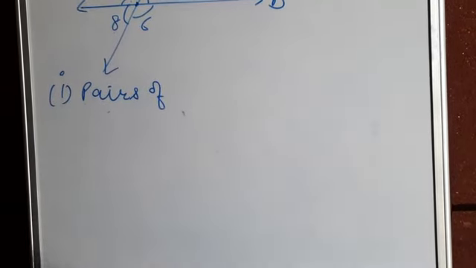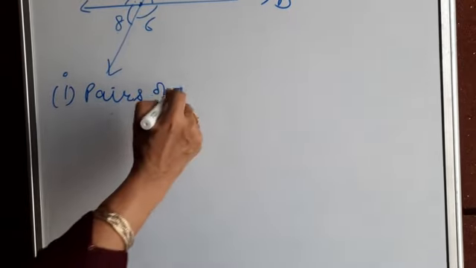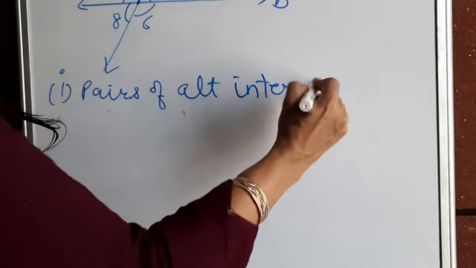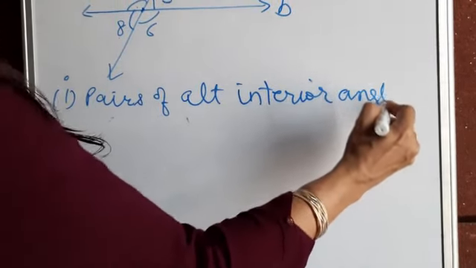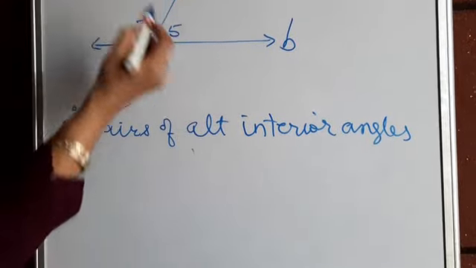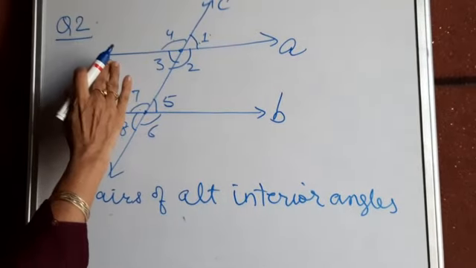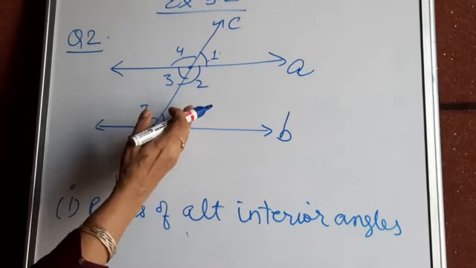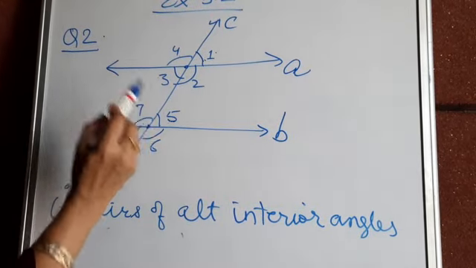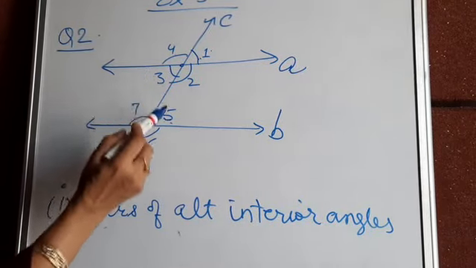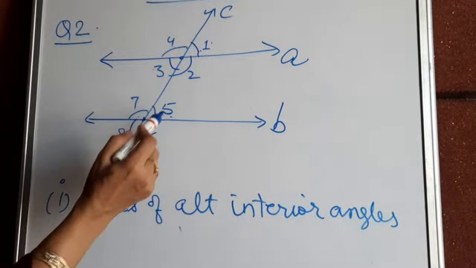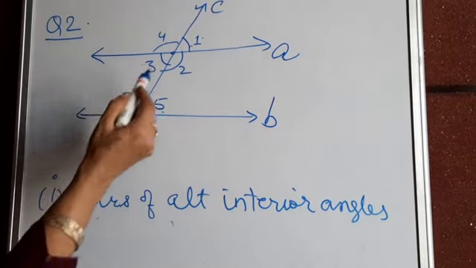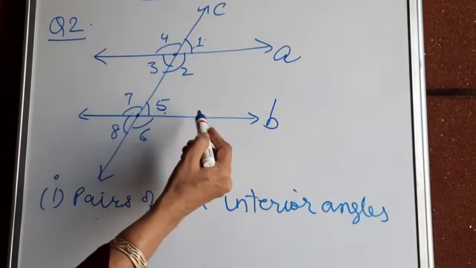Here alternate interior angles will come. Alternate means one is on the left side of the transversal and the other is on the other side, like 3 and 5. These are alternate angles, and both have different vertices and are in the interior of these two lines.